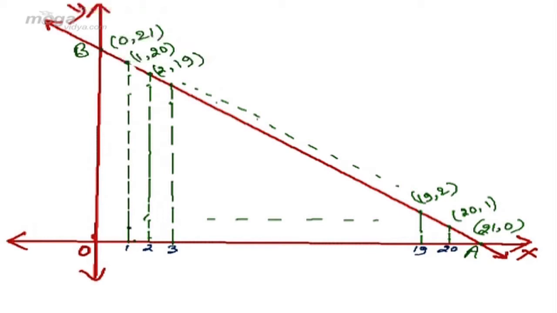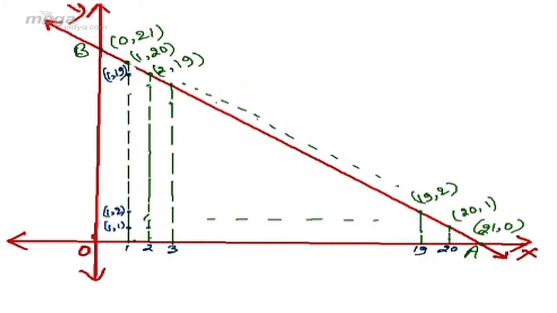One of the points is (1, 1), one is (1, 2), (1, 3) and so on. You can move till (1, 19). That means on this straight line there are 19 points whose coordinates are integers and those points lie inside this triangle AOB.